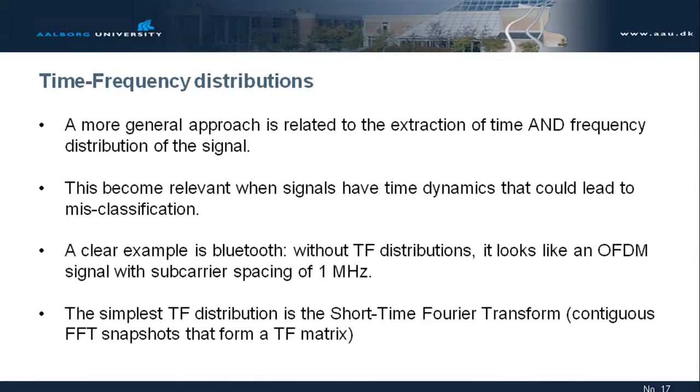So, in that case, a time frequency distribution can become handy. The simplest one is the short time Fourier transform, which is basically you perform an FFT on the signal, and then you repeat the operation several times.